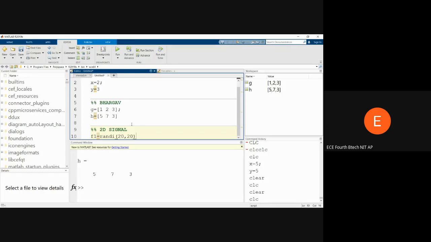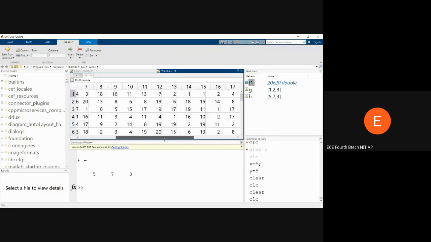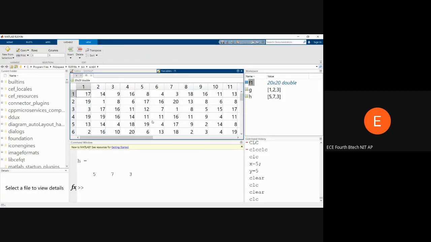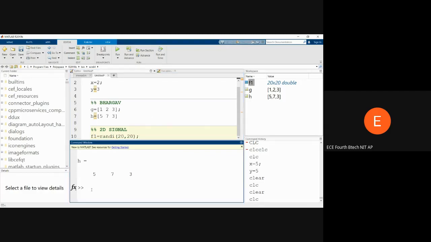I just want to run this section only. So if you try to see f1, you are going to have some numbers. A 20 by 20 matrix is being generated over here. Because I haven't cleared the workspace earlier, it is shown something like this. And then surf f1.